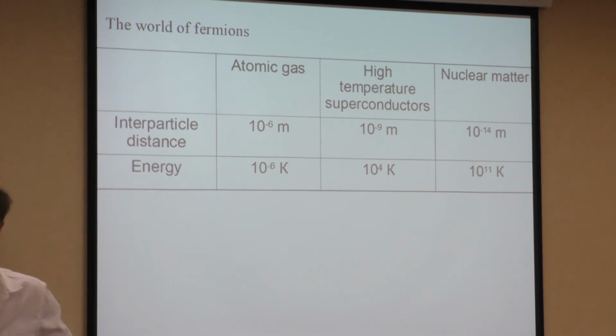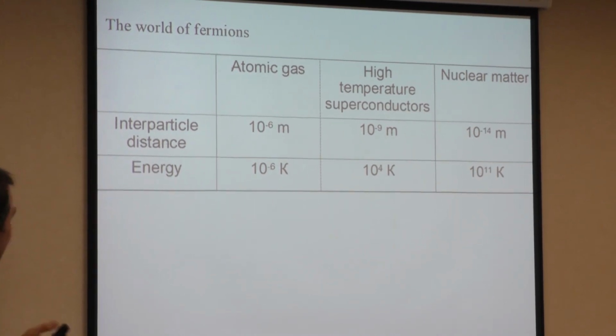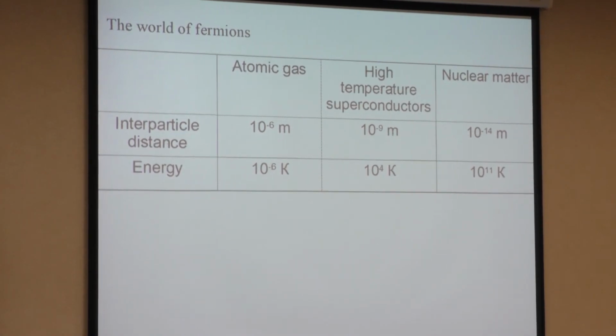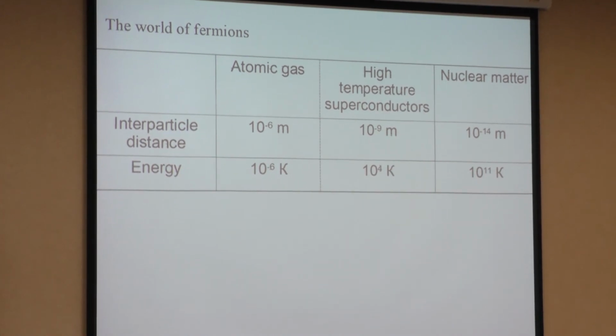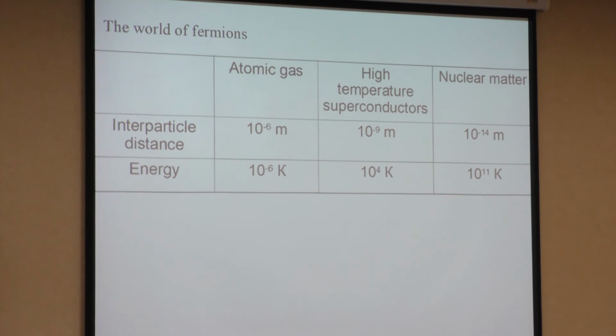So I'm considering now a gas of fermions. What are other fields of physics where we have a gas of fermions? Basically, I listed them here. Well, high temperature superconductors and nuclear matter. Neutrons are also fermions, and they are very close to the approximation I'm considering.